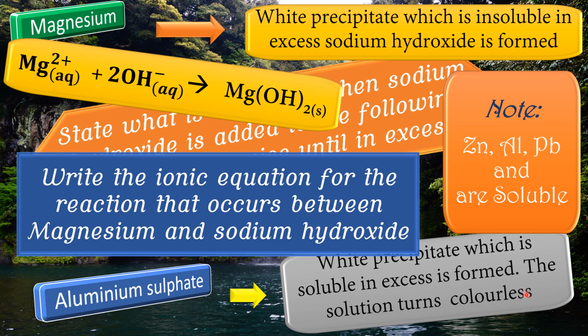We have also noted that when we add sodium hydroxide dropwise till excess to zinc, aluminium, and lead, they form a white precipitate which is soluble in excess sodium hydroxide.